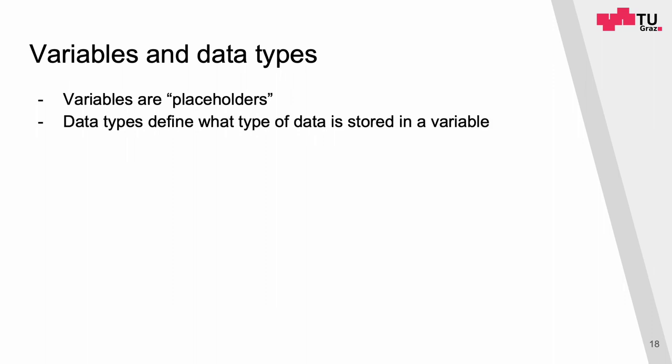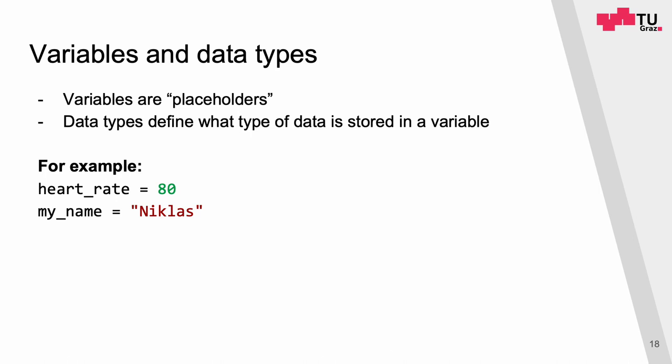And the data types define what type of data is stored in a variable. So for example, if we type in heart_rate is equal to 80, we have defined an integer variable which holds a number.